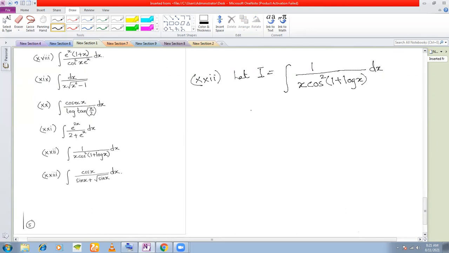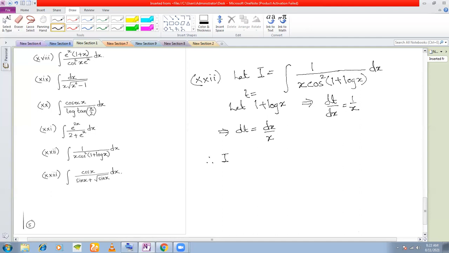Now you see here that if you differentiate 1 plus log x, you're going to get 1 by x, right? So therefore you put 1 plus log x is equal to t. Let t is equal to 1 plus log x. That means you get dt dx is equal to 1 by x. That means you get dt is equal to dx by x.